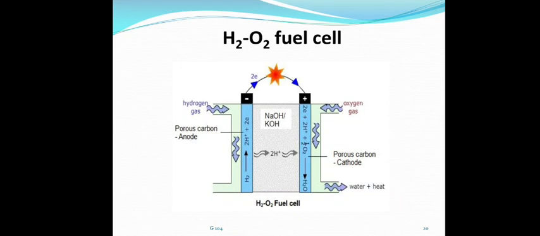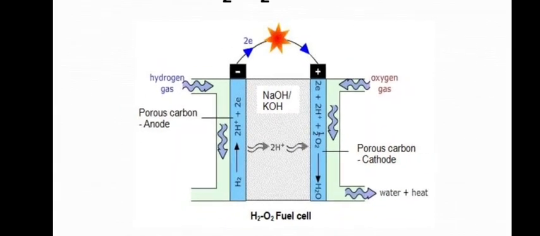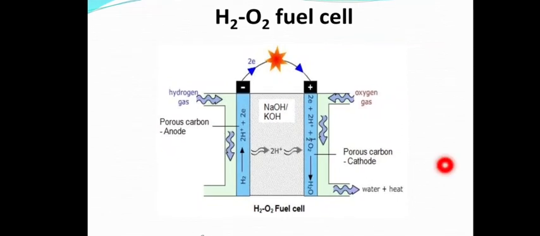So are you able to see here? At the center, what is there? NaOH or KOH, a strong electrolyte. Here minus, here it is plus. So what is happening here? H2 is losing electrons.